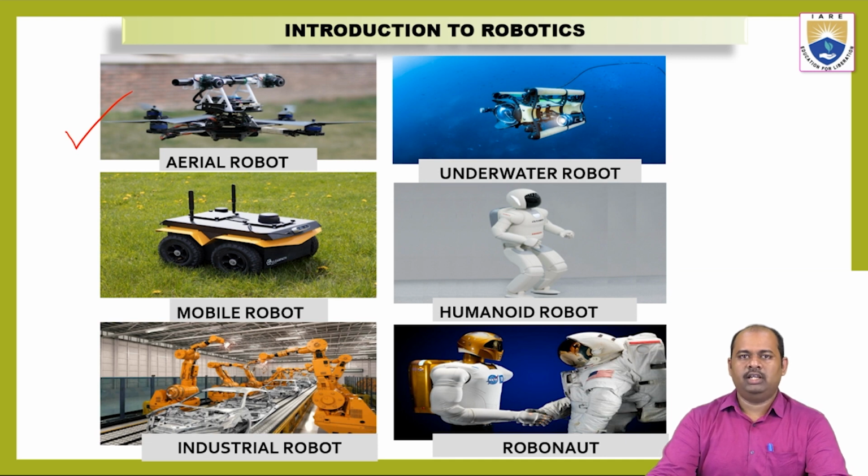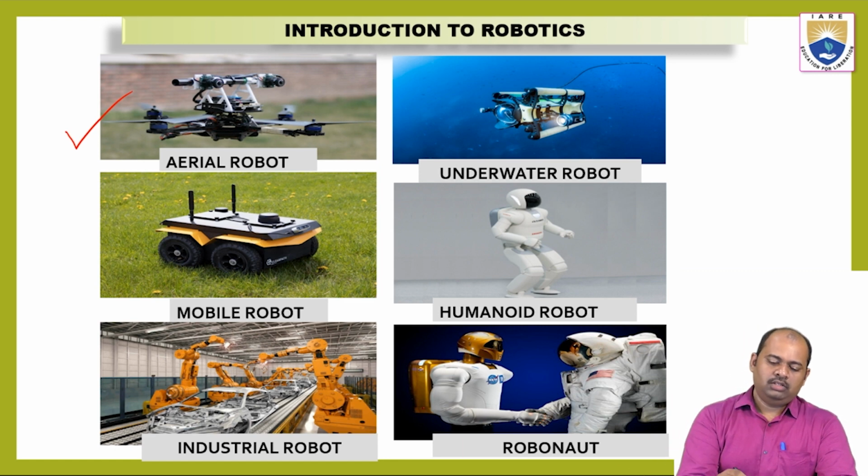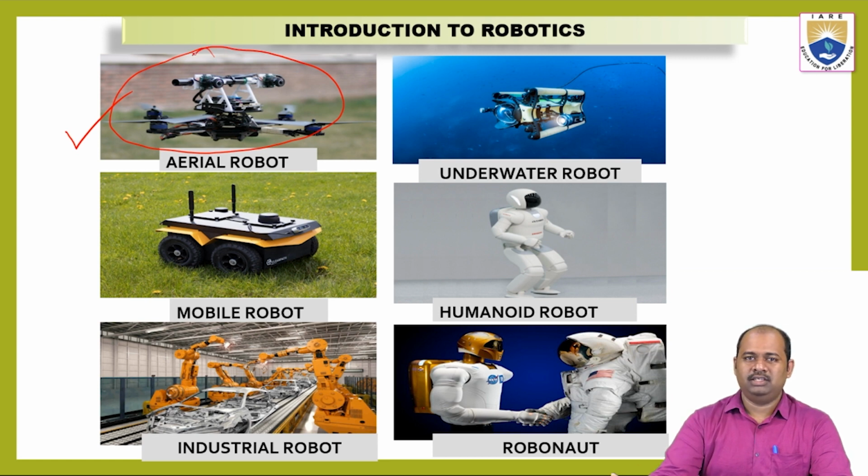Aerial robot can navigate on its own, but a drone should be operated by a remote control. So these are aerial robots where they can go from one place to another place on their own. They can change their path, they can manipulate their path when there are obstructions in the way, and they can go safely from one place to another place.